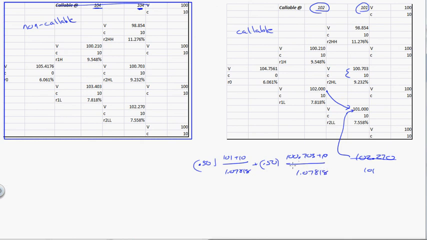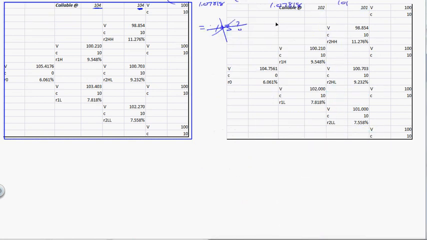That number, I don't have it written down, is greater than 102. So whatever this number comes out to be, I know it's more than 102. I'll put 103 and a little question mark. But it's callable at 102, so this price never exists. The issuer calls it in at 102. So now what we have is the new price.